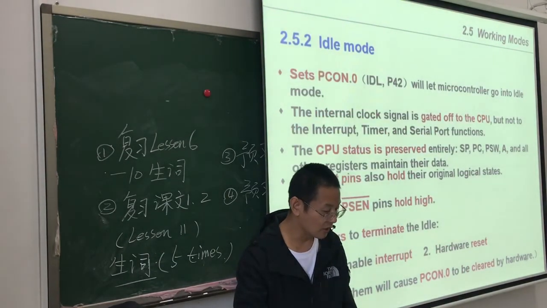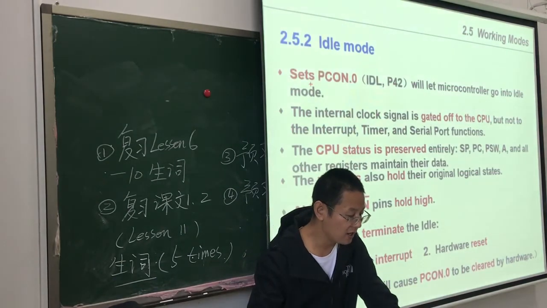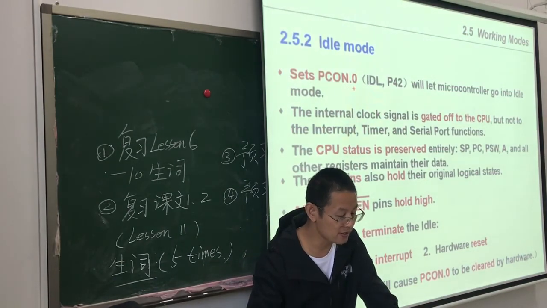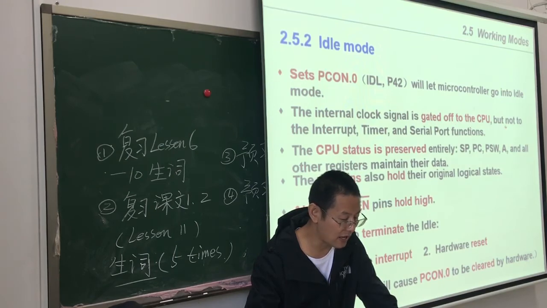Idle mode. Setting PCON.0 will let the microcontroller go into idle mode. The internal clock signal is gated off to the CPU, but not to the interrupt, timer, and serial port functions.